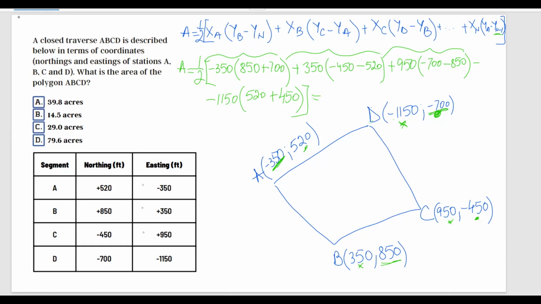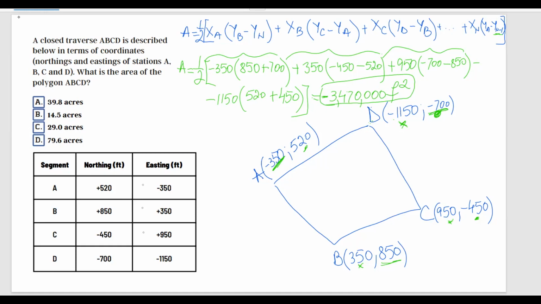So I get minus 3,470,000. And these are square feet. And the negative value doesn't matter because an area is not negative or positive.